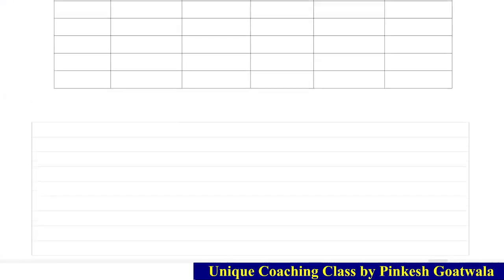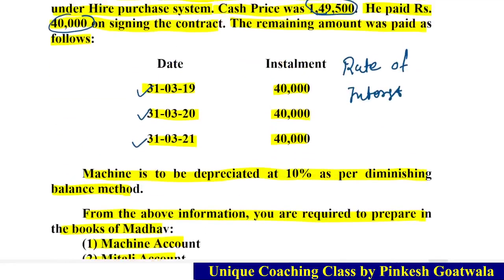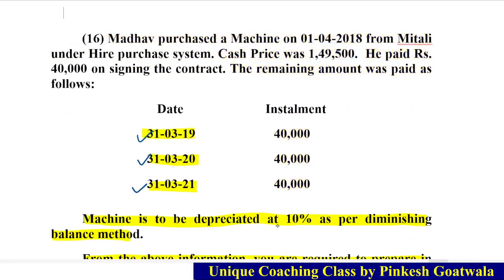Now what to do when rate of interest is not given, and amount of interest is also not given in this question? Don't worry, just write what we have. Whatever is available, we show it. Here we have a cash price, a down payment, whatever information is available we show.